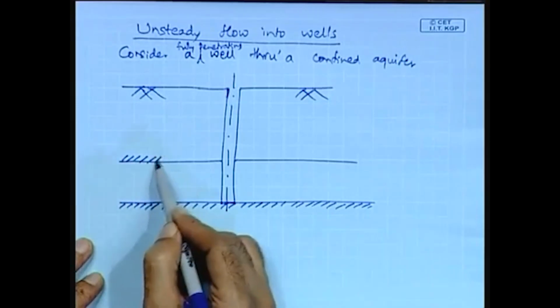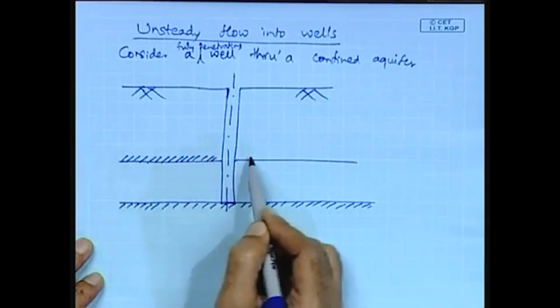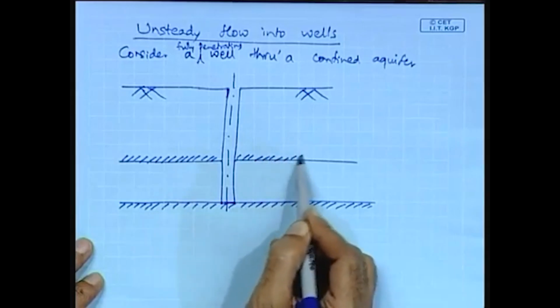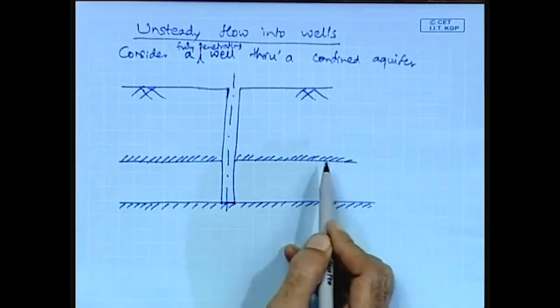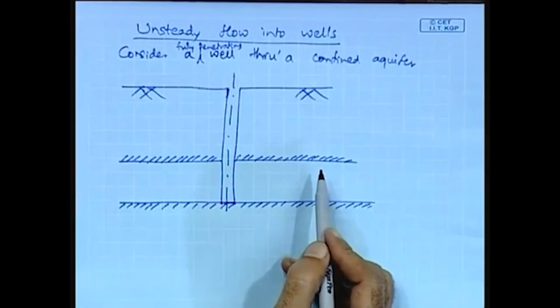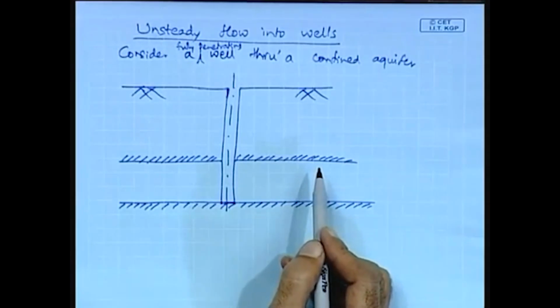This is the lower impermeable boundary of the confined aquifer, and this is the upper impermeable boundary of the confined aquifer.